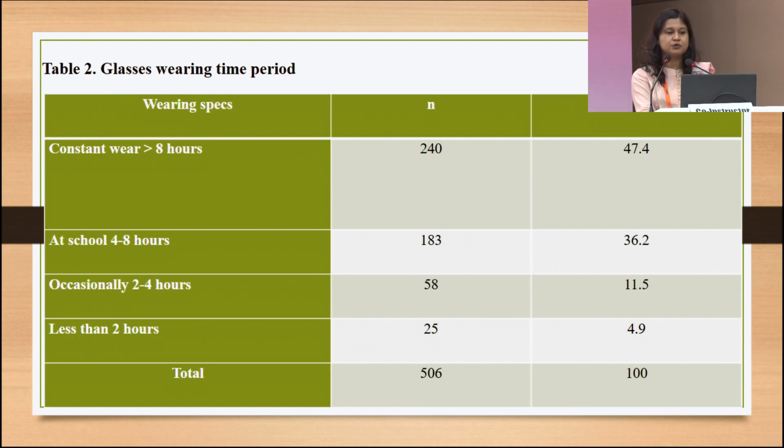This table shows the glasses-wearing time period: out of a total 506 children who were sometimes wearing glasses, 240 children were wearing glasses for 8 hours, 183 were wearing them in school for 4 to 8 hours, 58 children were occasionally wearing glasses, and 25 were wearing them less than 2 hours.